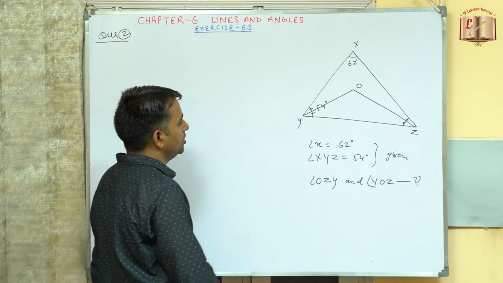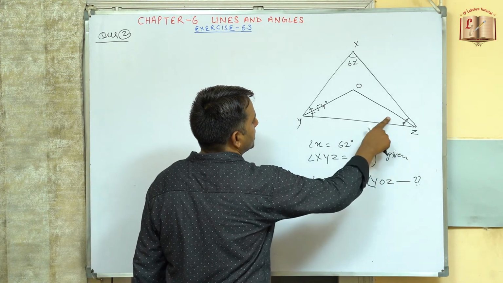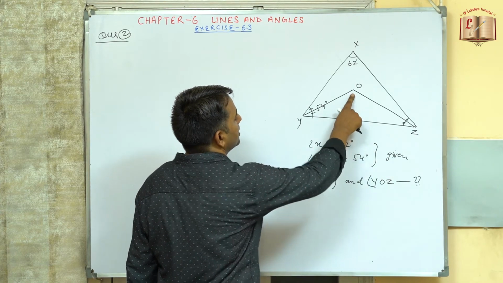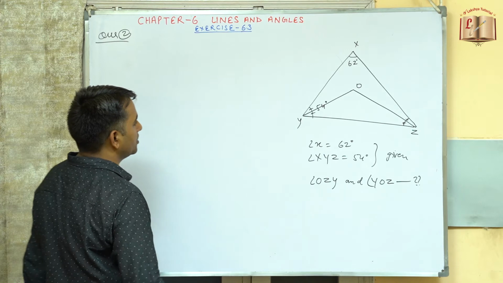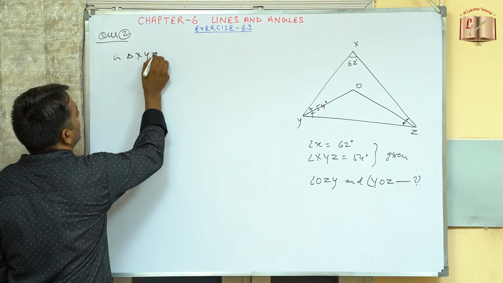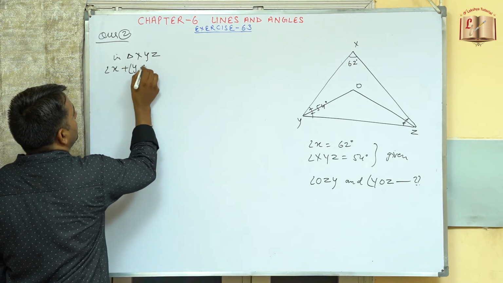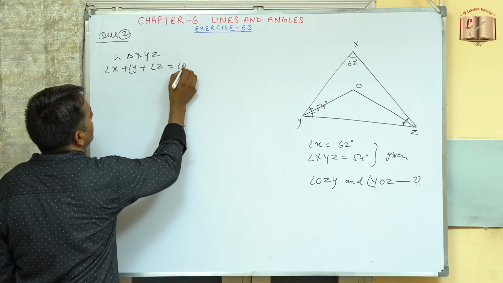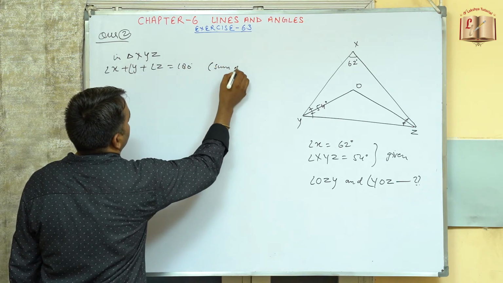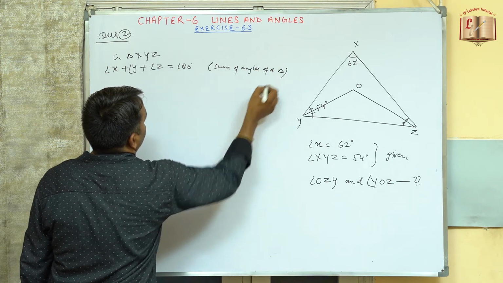So angle OZY means this angle we need to find out, and angle YOZ, this angle. Now coming to triangle XYZ. In triangle XYZ, angle X plus angle Y plus angle Z will be equal to 180 degrees, the sum of angles of a triangle.